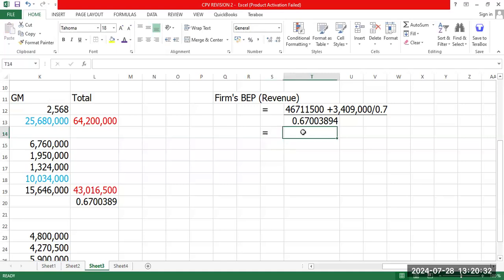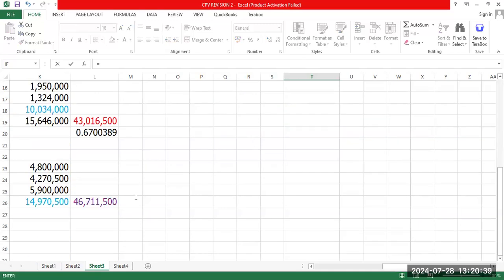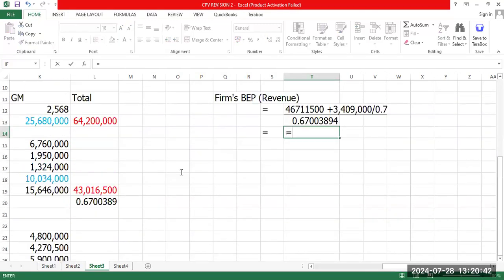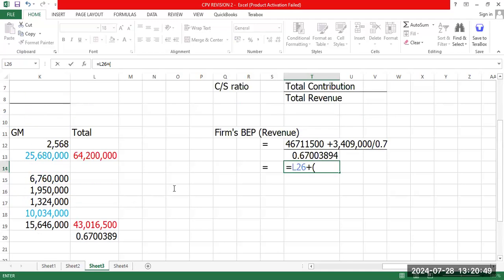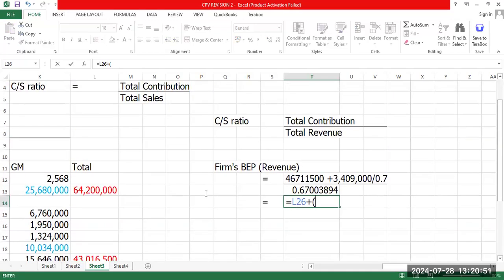I don't know, what do you get on your calculator? Getting this, plus I open bracket. My fixed cost is this. Please be doing it also on your calculator, by 0.7.